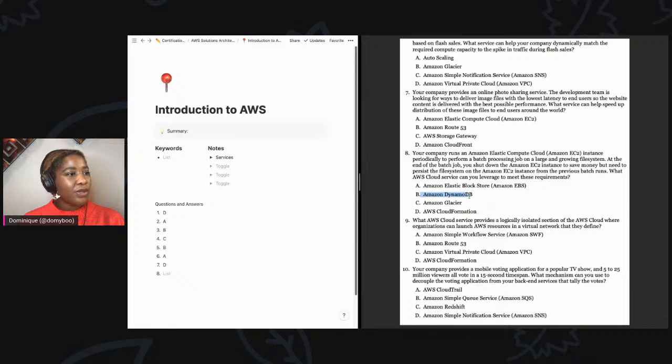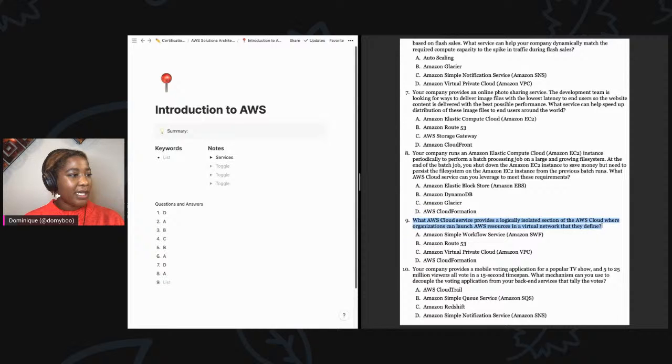I don't feel like I would use that here. And I don't know if Elastic Block Store is the appropriate answer. So C is out for me. B is out for me. I don't feel like CloudFormation applies here. So I'm going to say A. I'm not very confident in it, but process of elimination has me wanting to go towards A.